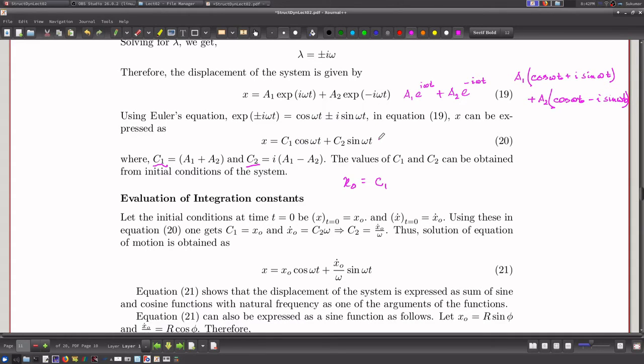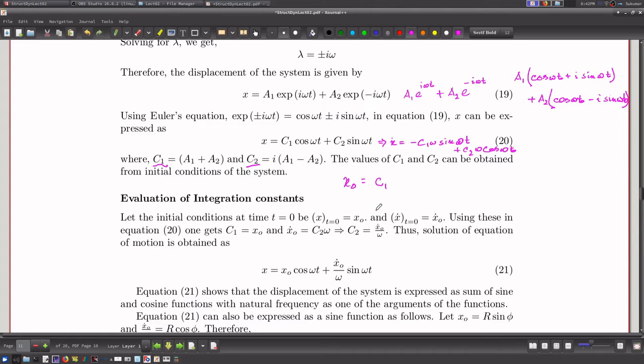And from here, if I differentiate, we have already seen this thing yesterday, x dot is minus C1 omega sin omega t plus C2 omega cos omega t.